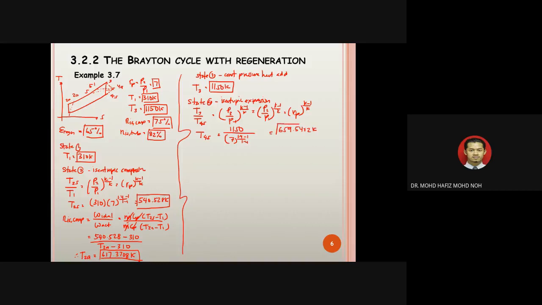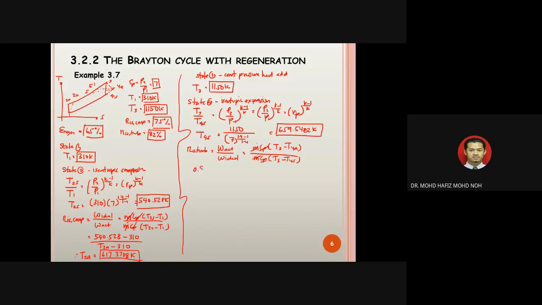Okay, guys. And then similarly for state 4, you have to find the value of T4 actual by using the isentropic efficiency for the turbine, which in this case is W actual divided by W ideal. This case is M dot Cp (T3 minus T4 actual) divided by M dot Cp (T3 minus T4S). So you can cancel out the M dot Cp, then put the values.